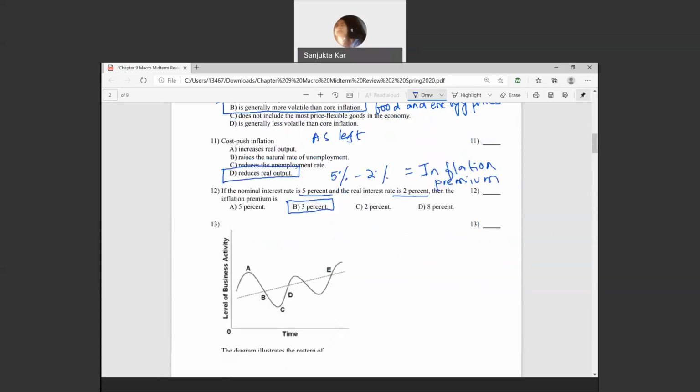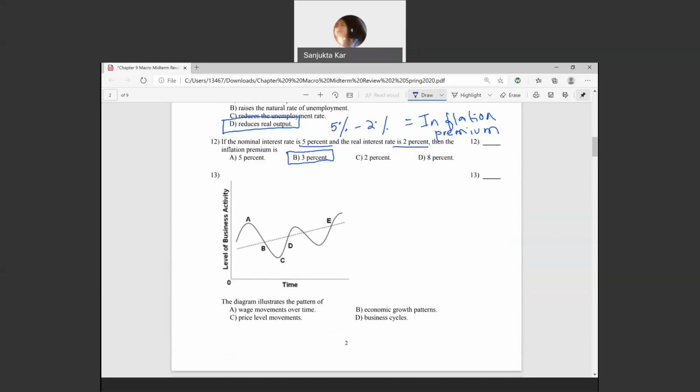Moving on to question number 13 here. The diagram illustrates the pattern of business cycles. Level of business activity on the vertical axis is measured by real gross domestic product.